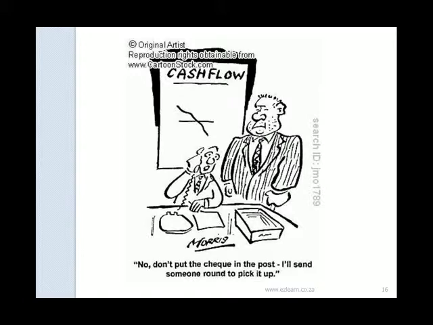Why do you think this man is sending someone around and taking his debt collection quite so seriously? If you have a look at the diagram in the background, you can see that the cash flow is on the way down. This is an illustration of how debt collection is so important in keeping your cash flow on the up and up.